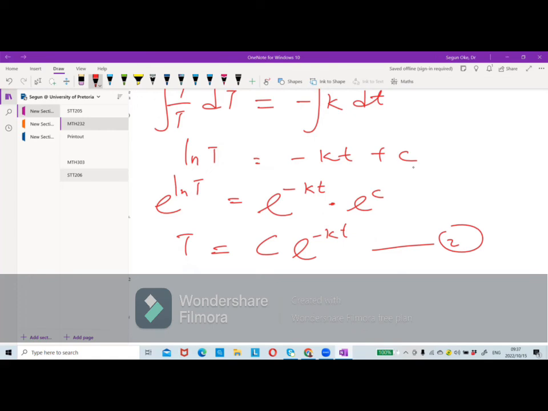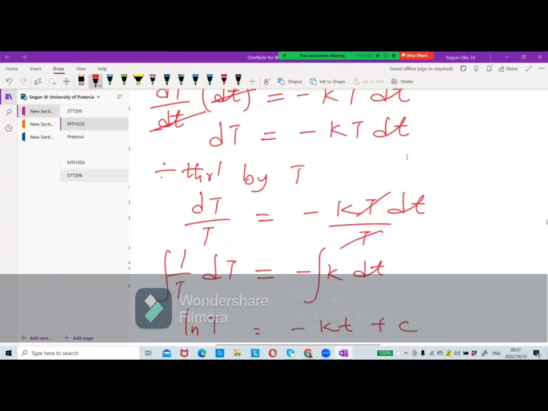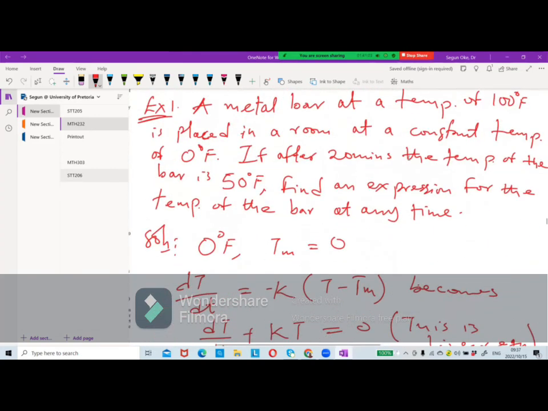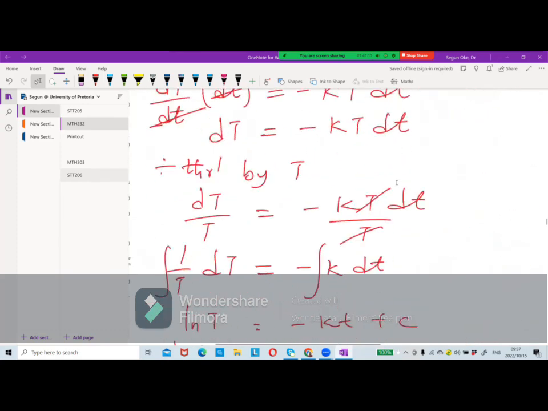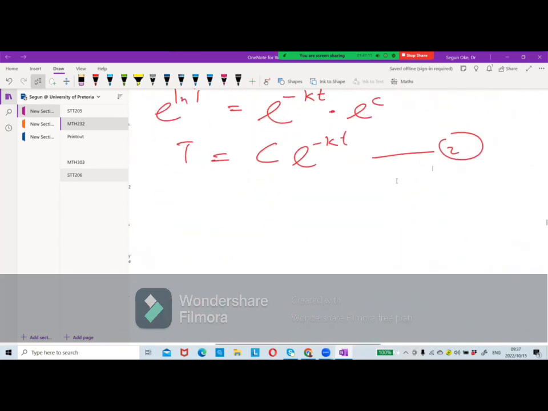Now, let's go back to the question. They said, since capital T is equal to, what is the temperature now? 100, right? Yes, sir.